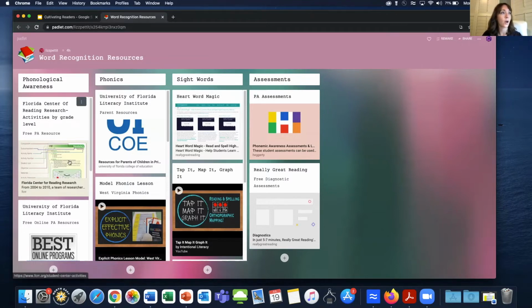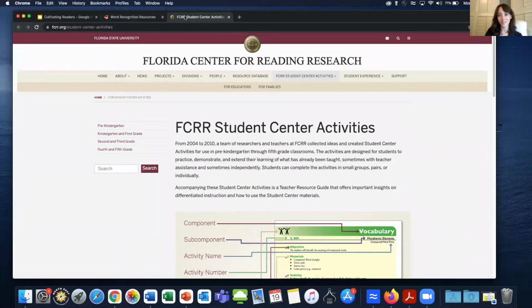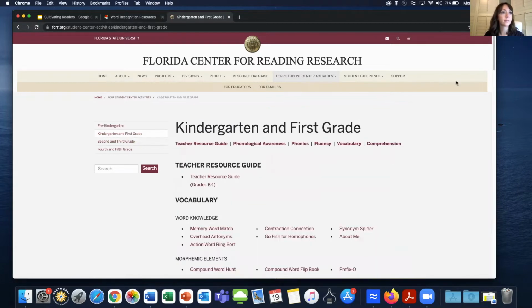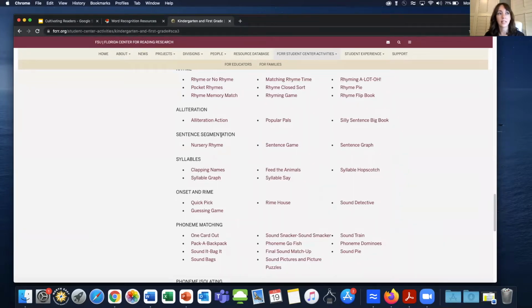So phonological awareness, let's walk through these resources really quickly. So this is the Florida Center for Reading Research, and this does not just have phonological awareness activities, but they are my favorite. Over here, you can check out the grade level, and let's just pick 1st grade. And up here is where you're going to find what type of activity you want to focus on. And then it actually breaks it into that sentence segmentation that we talked about, syllables, onset rhyme.